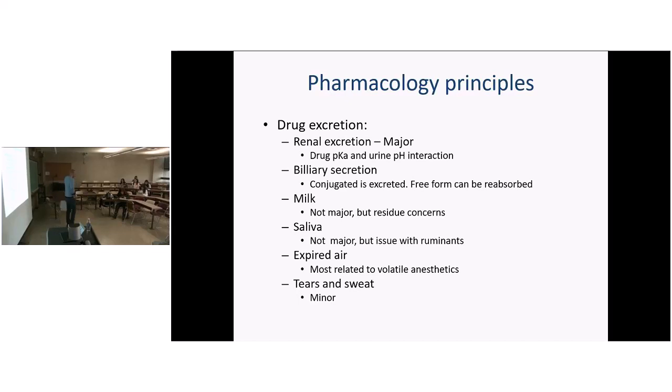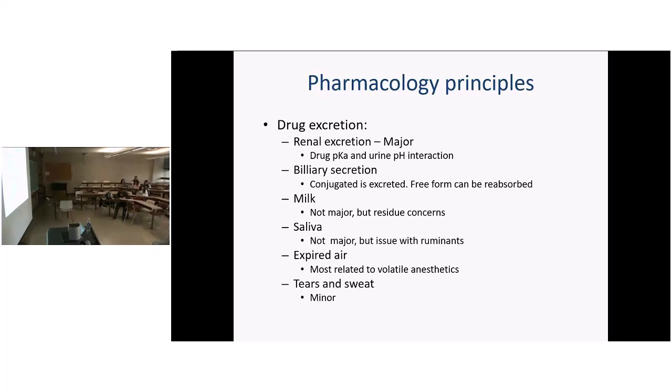Some of these things, the way they are excreted, as I said before, the same way they are absorbed, their biochemical and biophysical properties matter. The same happens with excretion. Sometimes the urine pH matters. Sometimes drugs that work well in humans do not work well in ruminants, or drugs that work in non-ruminants work well in ruminants. Why? Because the pH of urine in non-ruminants is very different from the pH of ruminants, especially carnivores.